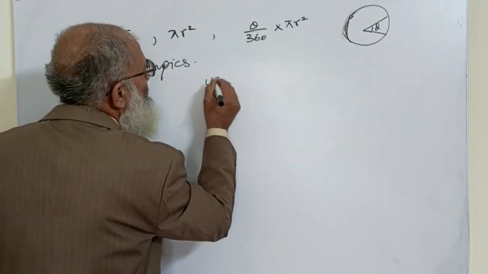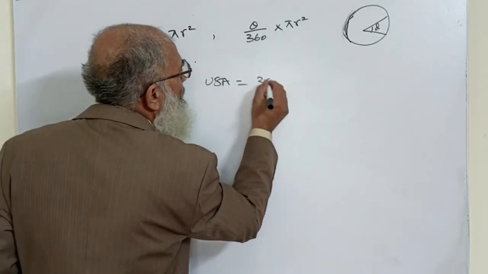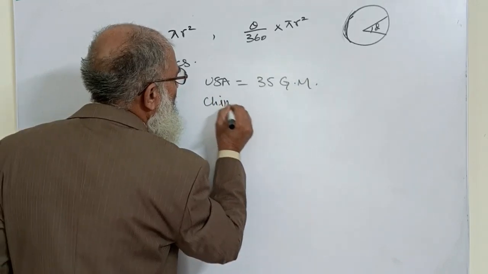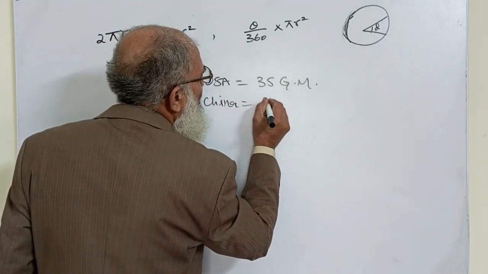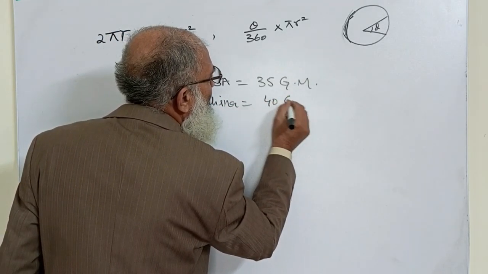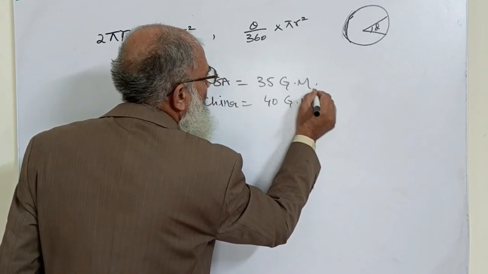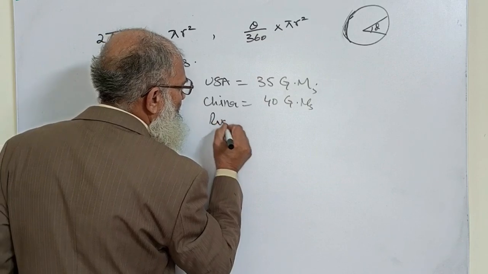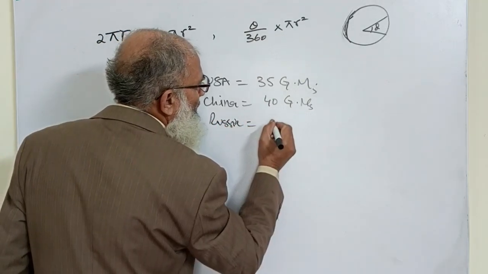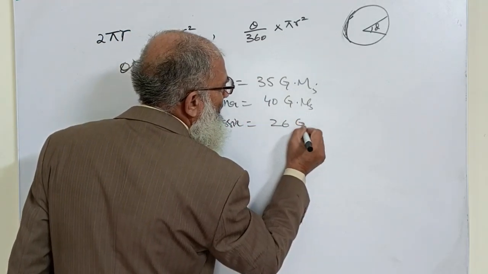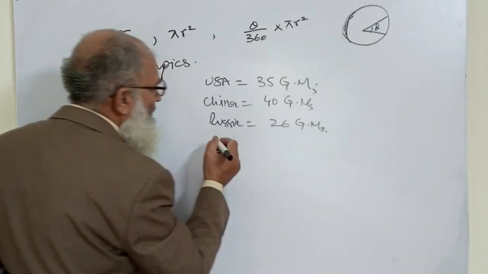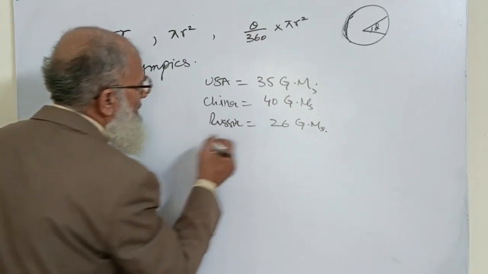For example, USA won 35 gold medals, China won 40 gold medals, Russia won 26 gold medals, and what else?